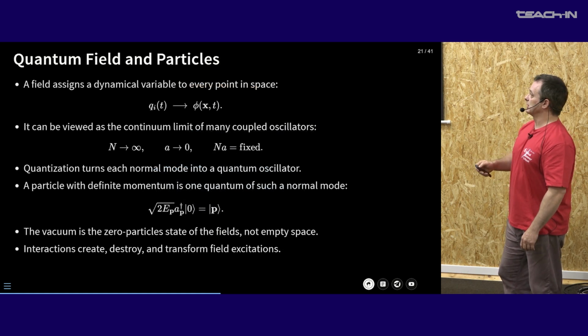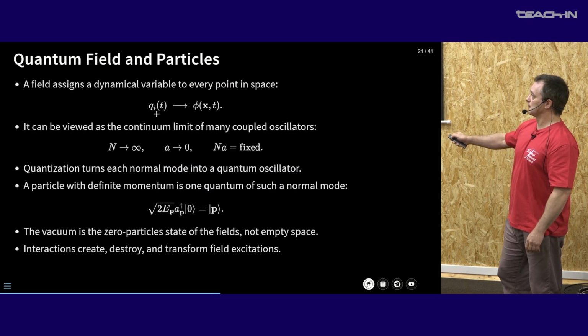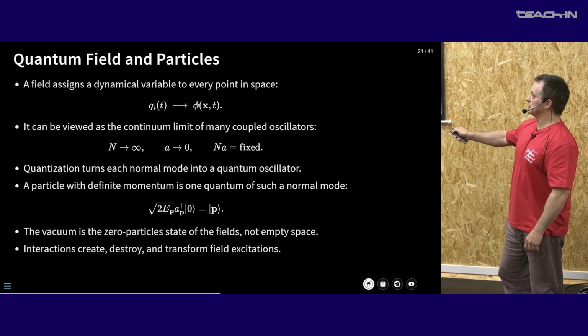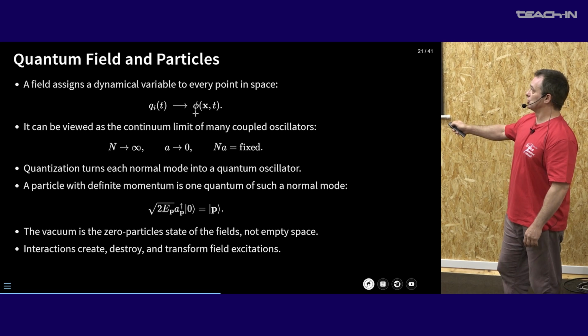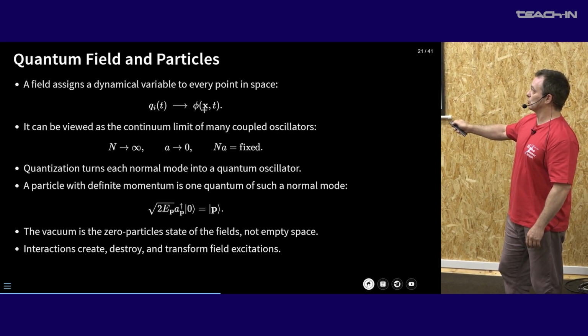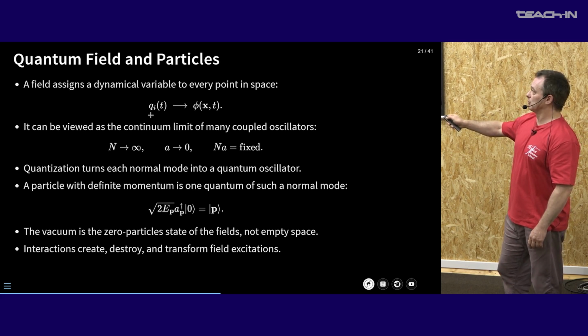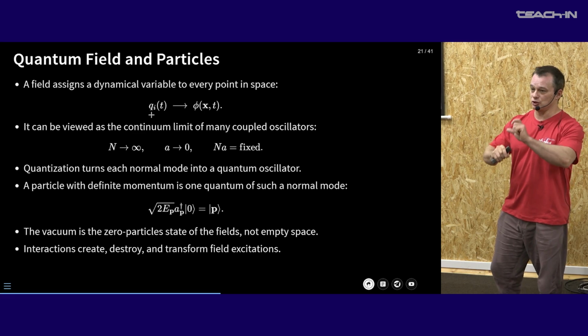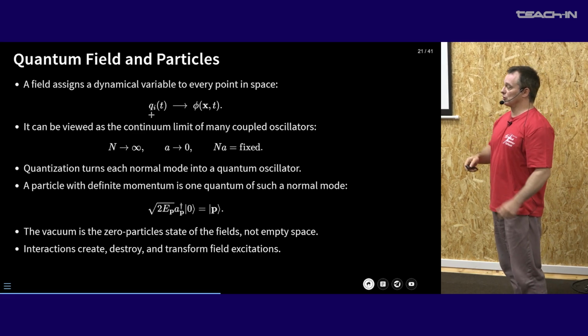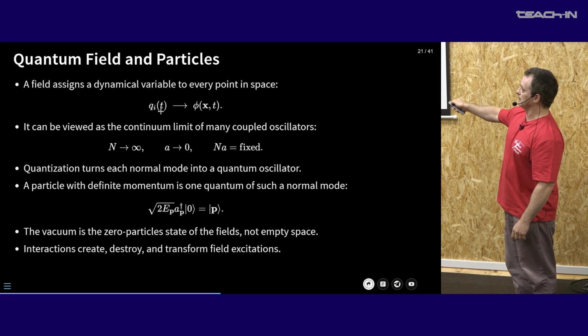To be more precise, what we are doing is that for every coordinate of each oscillator, which depends on time, we just replace this by a function, which is the field, which depends on the three-dimensional coordinate. And this three-dimensional coordinate is associated with the integer number of this particular spring, when you have in position x a certain number of springs, and time.